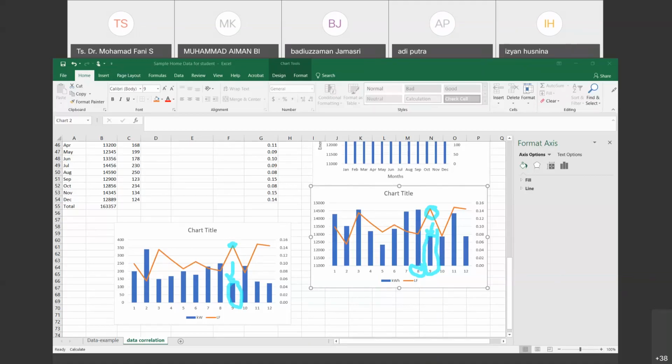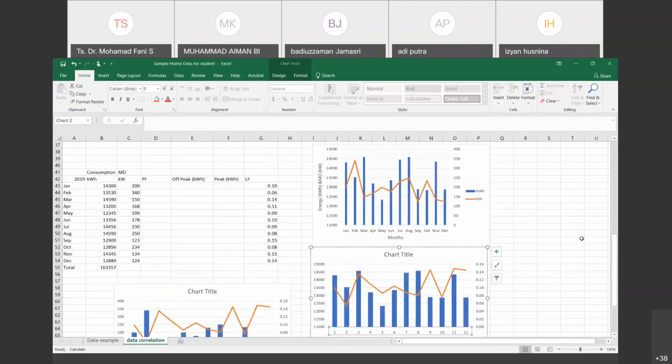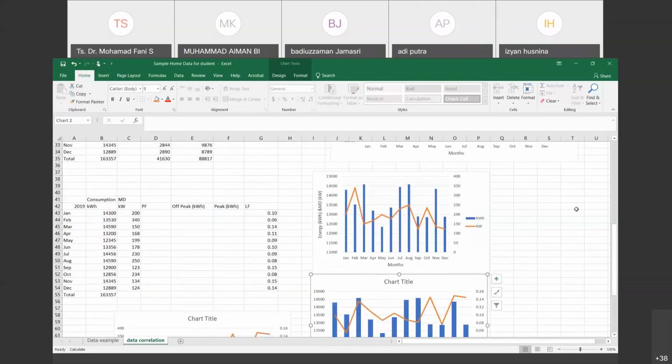Load factor is important to the utility such as TNB, because they can reduce the tension on the generation side, so that the generation doesn't work in a tension period. So the total peak demand from the client or customer or consumer can be reduced.